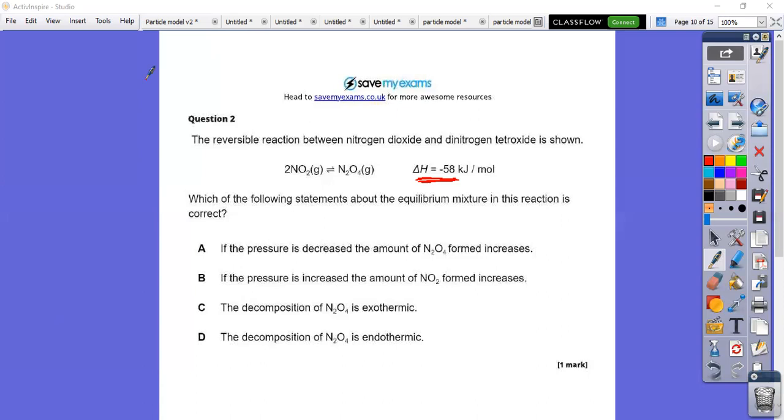Would it be C? Think about this one again. Have another think about it. Not quite C. Have another think.